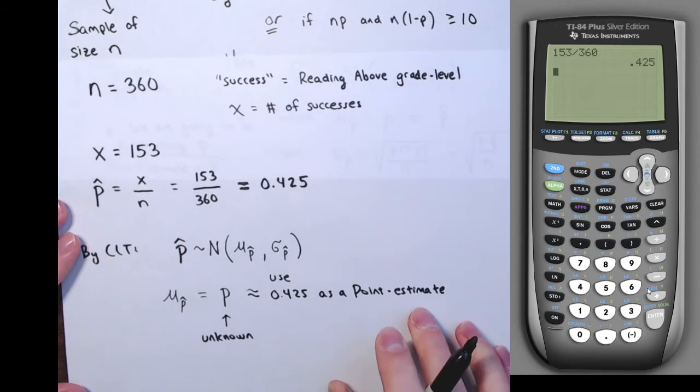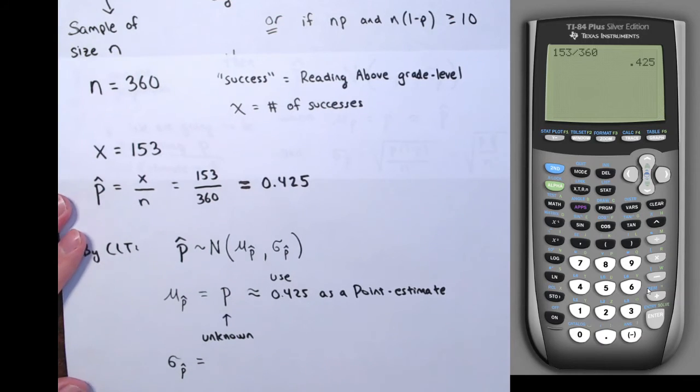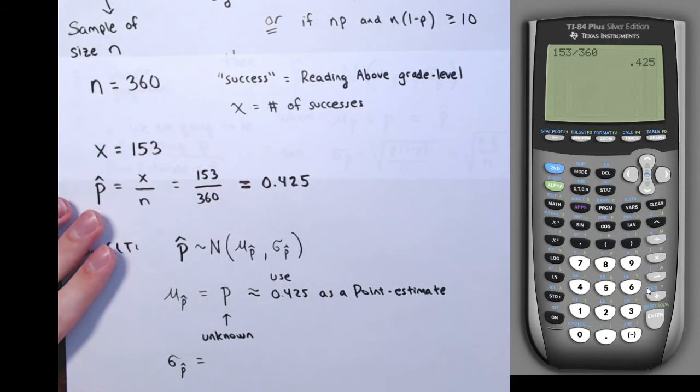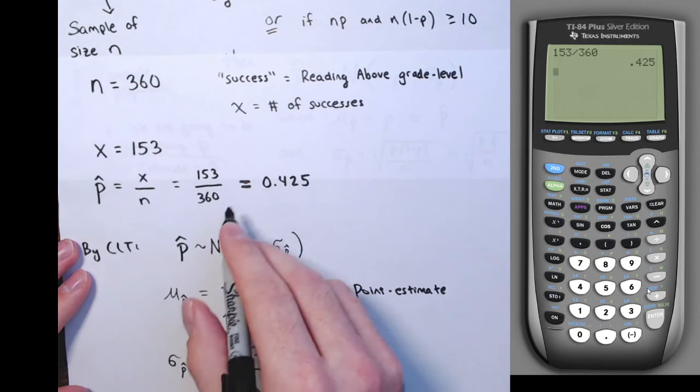All right, and the same thing for the standard deviation, or the standard error, of these sample proportions, of all the possible p hats for all the possible samples of size 360. That's the square root of, normally, p times 1 minus p divided by n, but I don't know what p is. I have no idea what the population proportion is. So we're going to estimate it with our p hat.